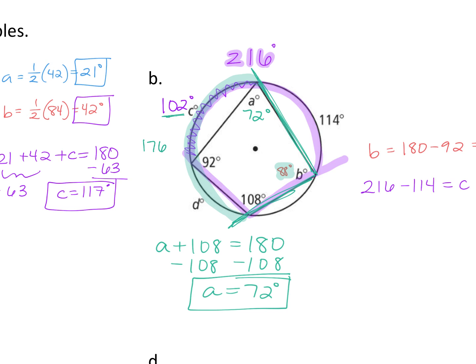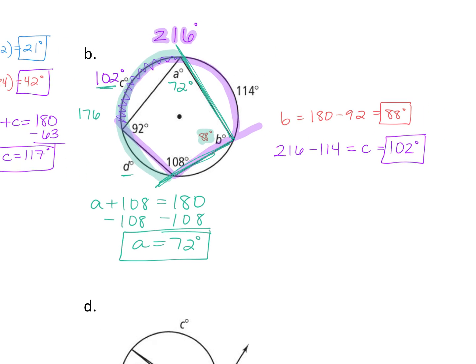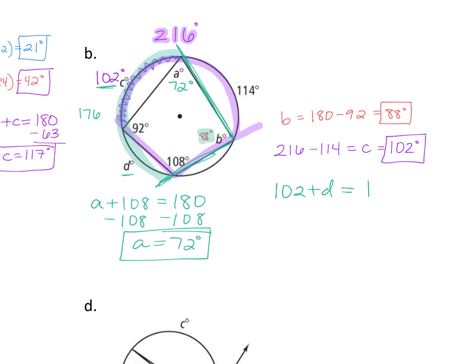And then you would subtract the 102, because 102 plus D would have to equal that 176. So we take away the 102 and you get 74 for D. Questions on that?